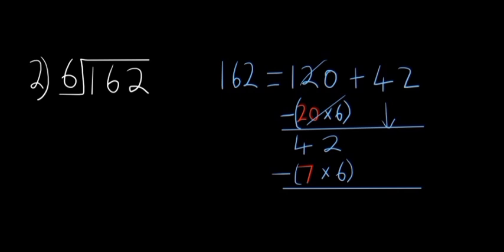So 42 and 42 will cancel, and our remainder here is 0. So we had 20 groups of 6 and 7 groups of 6, which is 27. So the answer to this question is 27.